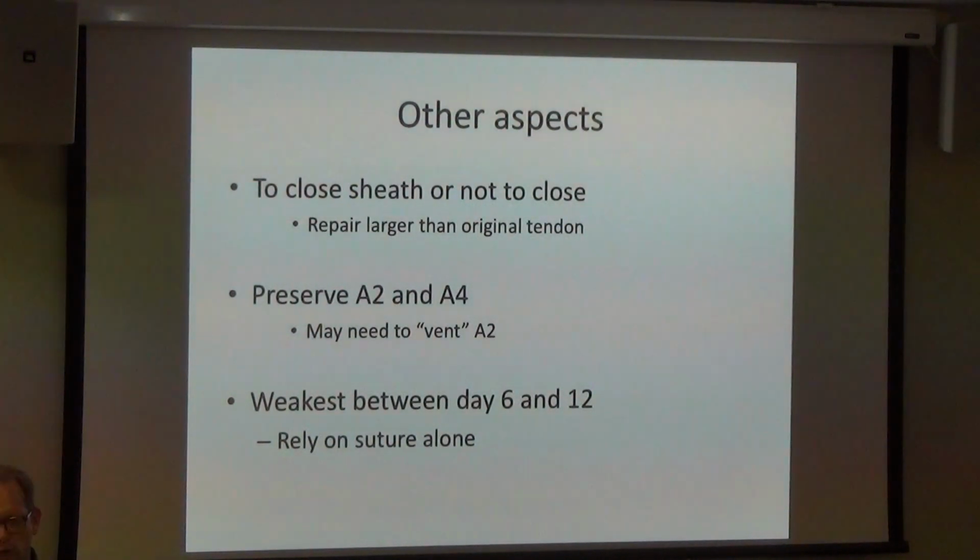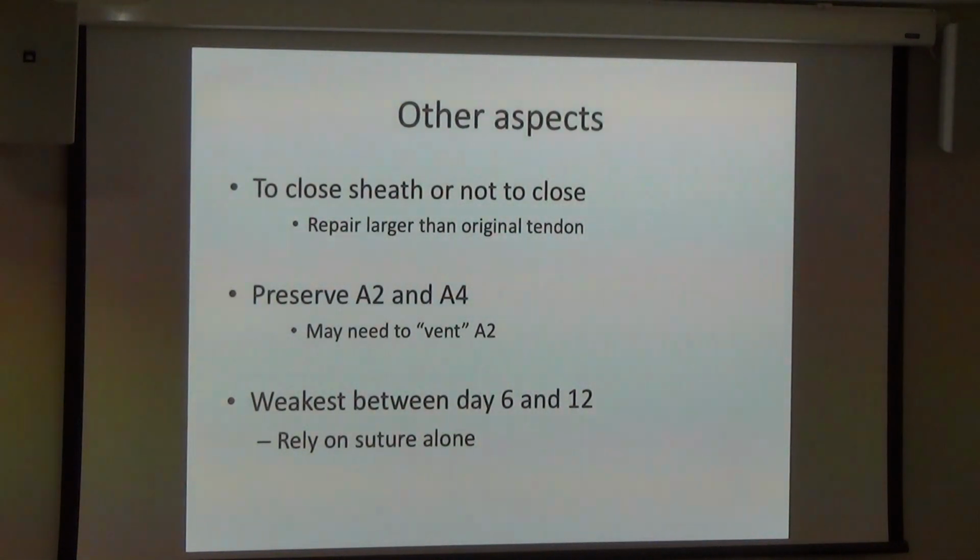Preserve A2 and A4. Now interestingly, I wrote some of this for a presentation I gave about a year ago, where a pretty standard technique was to vent your A2 pulley to allow glide. An article came out in the Journal of Hand Surgery last month, saying actually that's probably not a good thing.